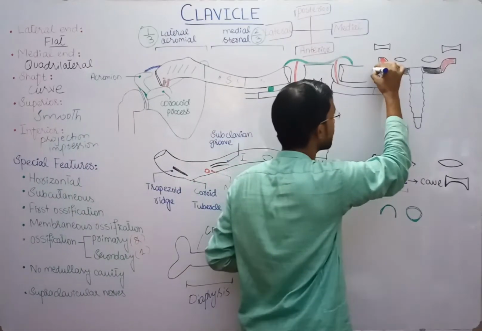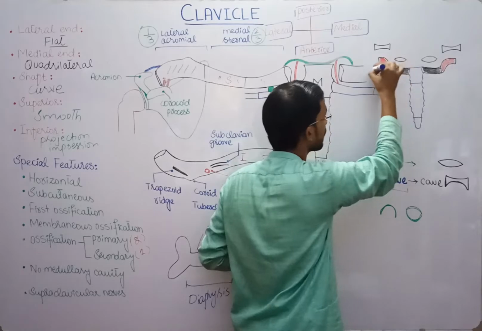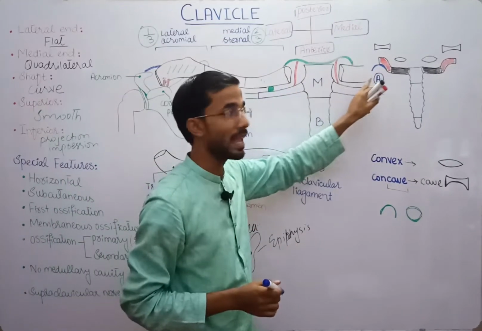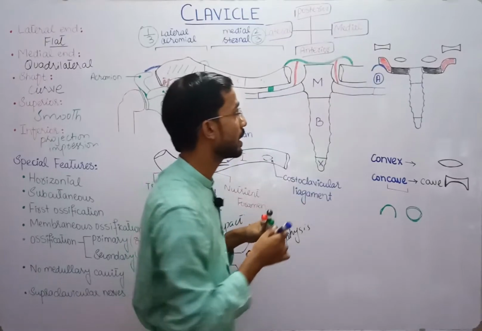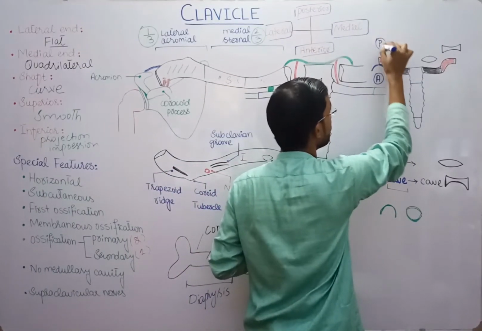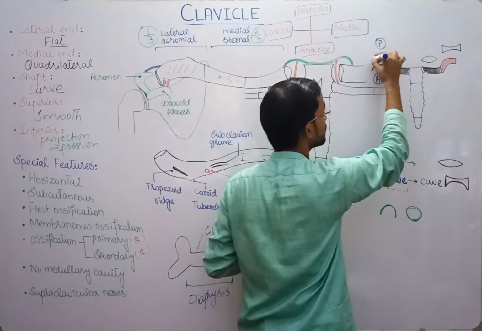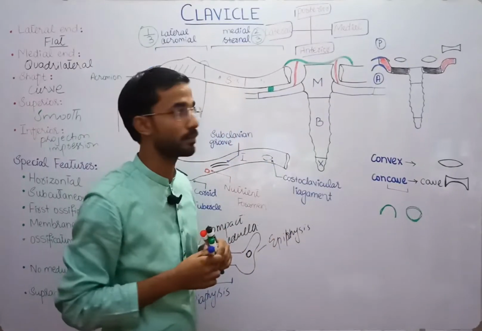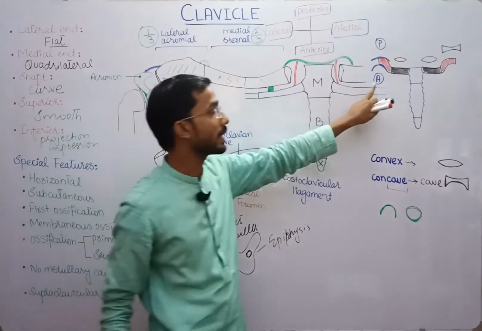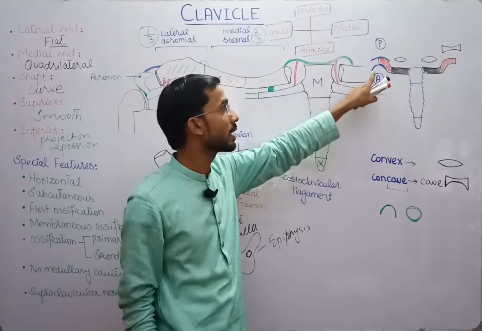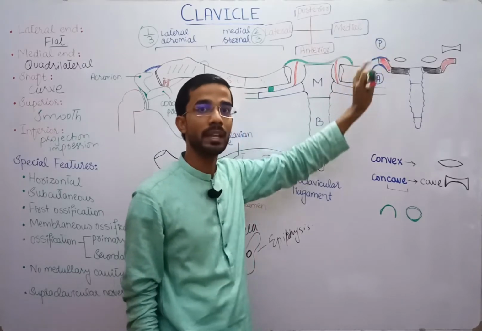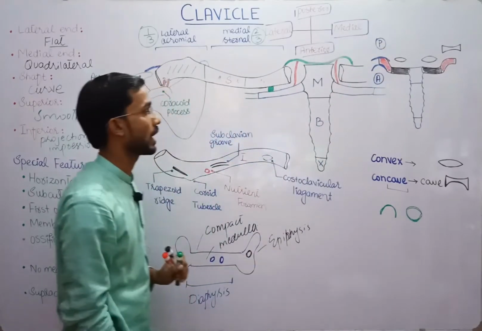Here you can see it is just cave-like, so it is concave, and behind, at the posterior side, it will be convex. So the anterior lateral side will be concave, and the posterior side will be convex.